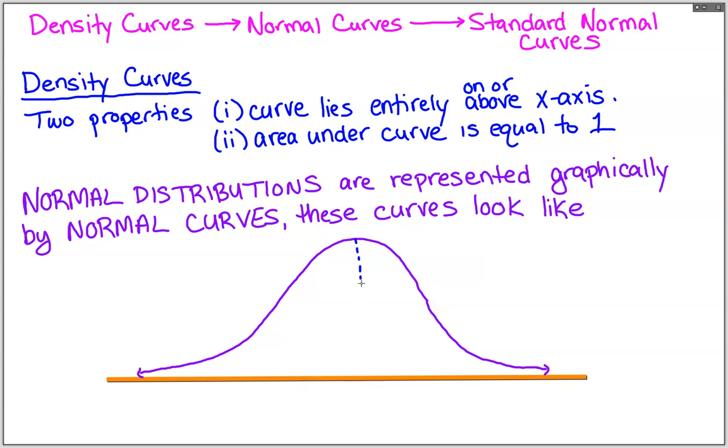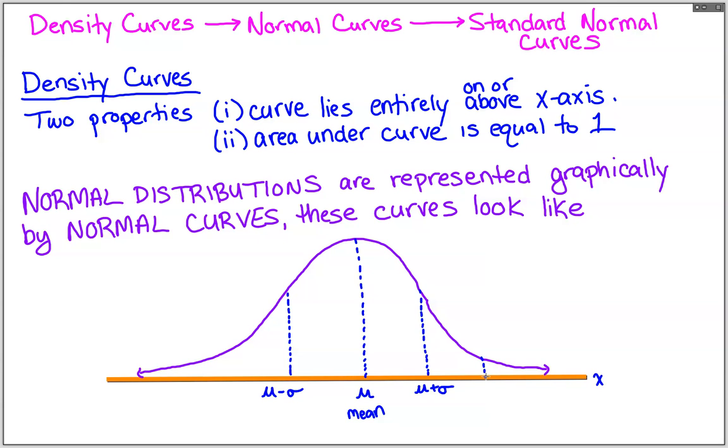and right here at the vertex of the curve, so if these are your values, this is the mean. So this is the mean right here. And then where it starts to dip a little bit, and this is not the best drawn normal curve in the entire world, but this is like one standard deviation out. So it's like the mean minus a standard deviation, and this is a mean plus a standard deviation.